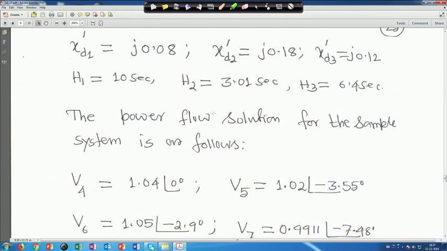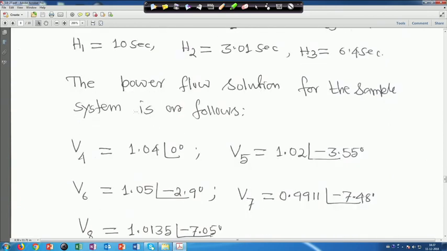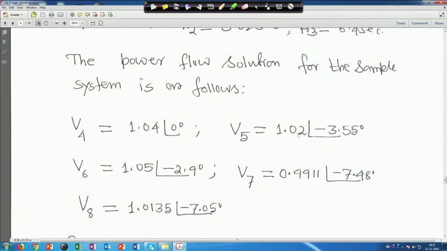For the assignment or exam purpose we will provide the power flow solution, otherwise we will not ask you to solve this, you need a computer. So, in the power flow solution V 4 is given as 1.040 angle 0 degree, I told you it is a slack bus. V 5 is 1.02 angle minus 3.55 degree.